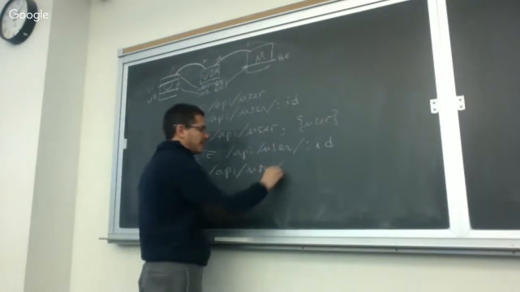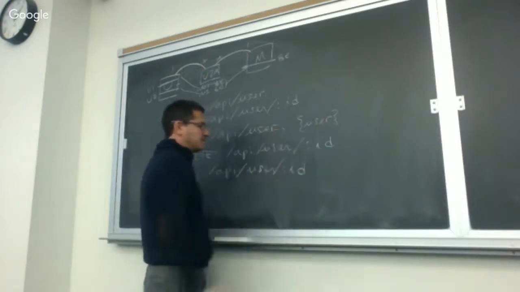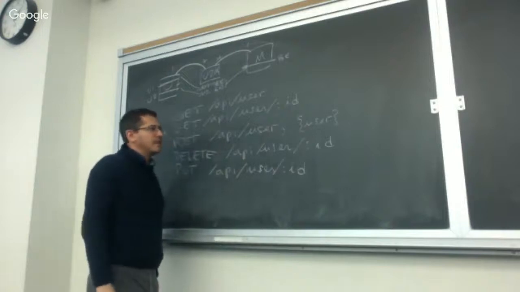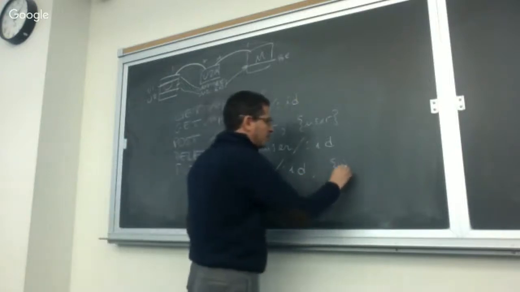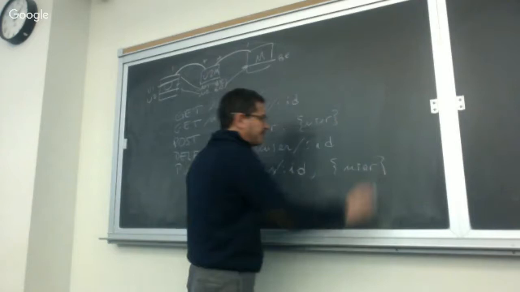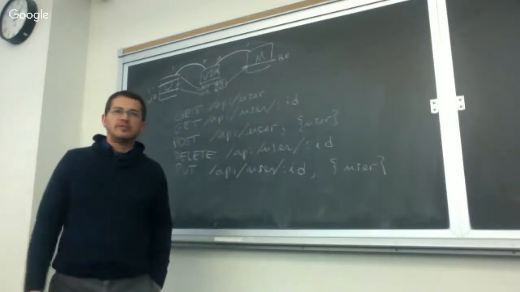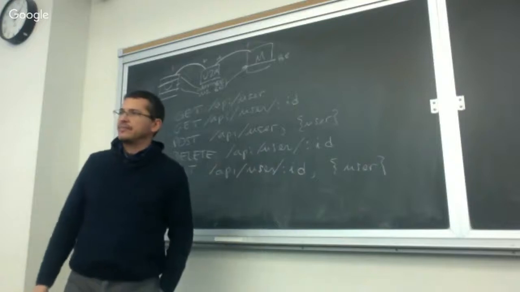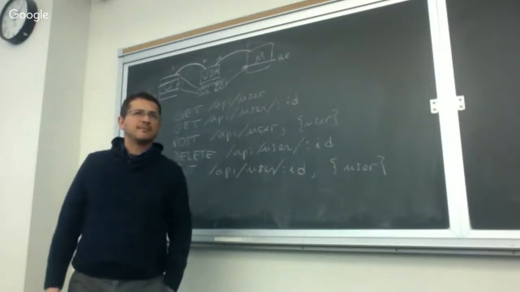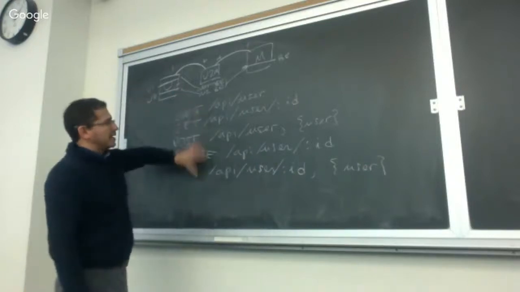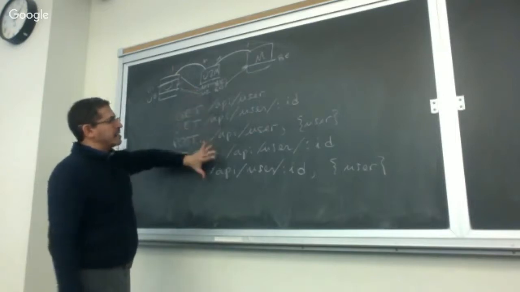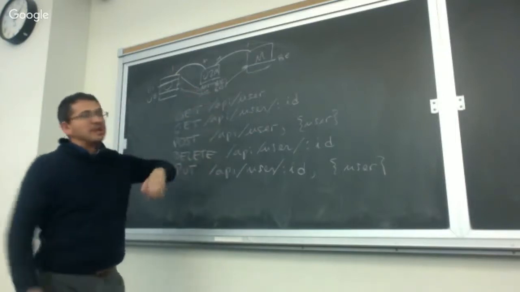I need to provide the ID of the user that I want to update, and I need to provide you with the new data for that user. Maybe a new email, new phone number, new address. Make sense? So this is what we mean by an API being RESTful.